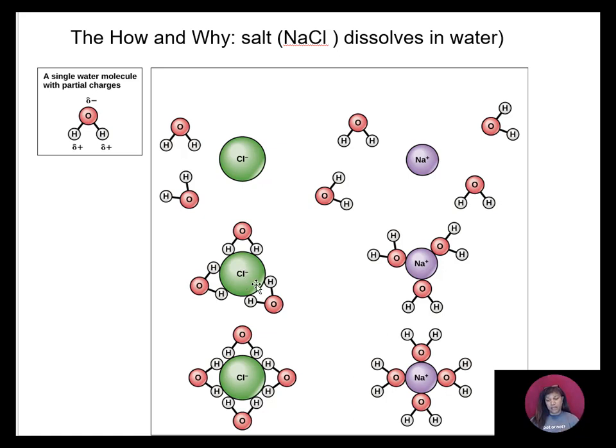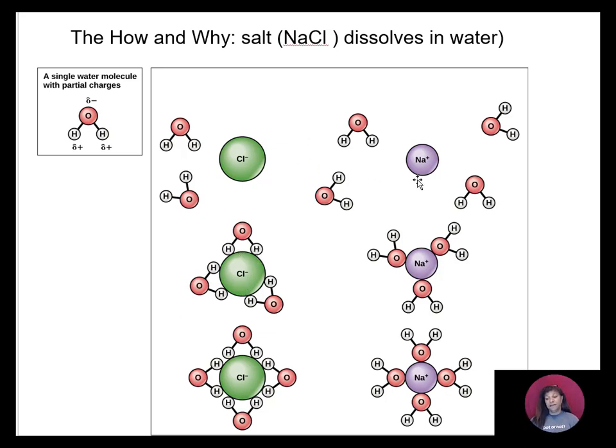So it gave it a more negative charge. Because of that negative charge, the hydrogens in water are going to be attracted to it. Because remember, because of the polarity of water, the hydrogens have a more positive charge. So they begin to surround that chloride. And you can see here in this illustration that the negatively charged chloride now is surrounded by the hydrogens in the water molecule.